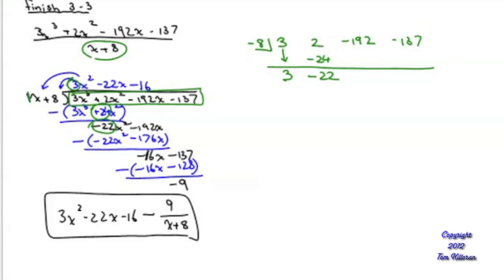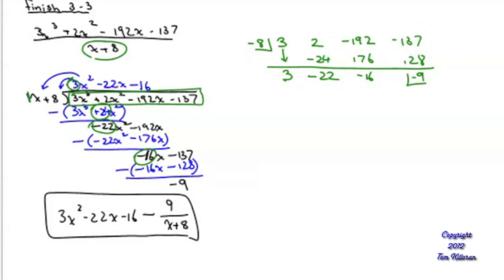So all the numbers are going to be accounted for with this shortened version of long division. This is synthetic division. Negative 8 times negative 22 was 176. Then when we subtract those, we got negative 16, which is right here. Negative 8 times negative 16 is 128. And then our final remainder was negative 9.